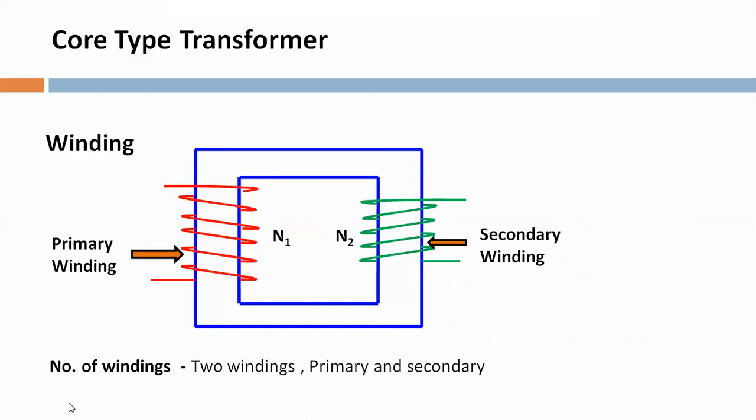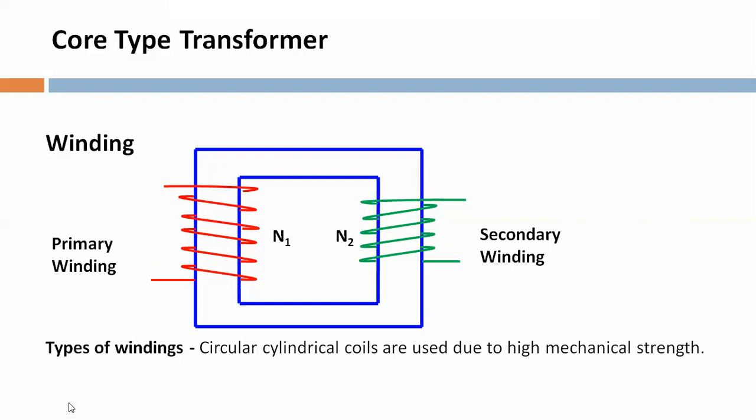Primary winding is denoted by N1 and secondary winding is denoted by N2, and the secondary winding is connected with the load. So the number of windings is 2, primary and secondary. Type of winding: circular cylindrical coils are used due to high mechanical strength.